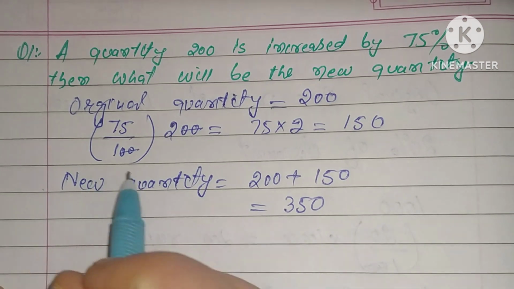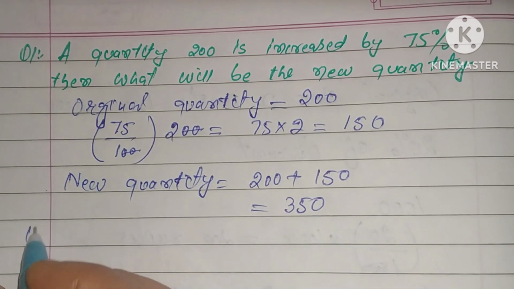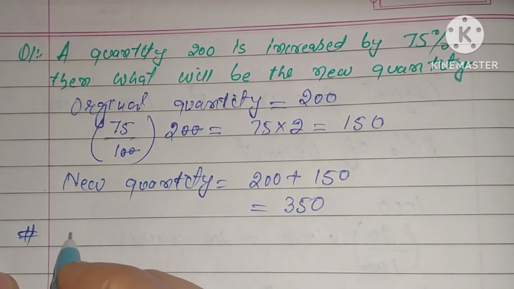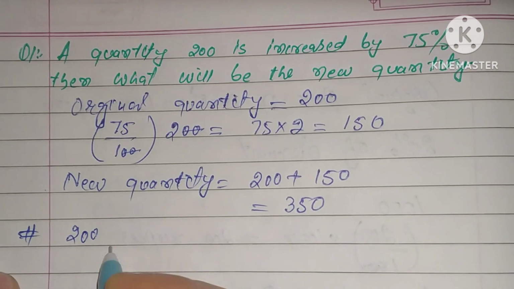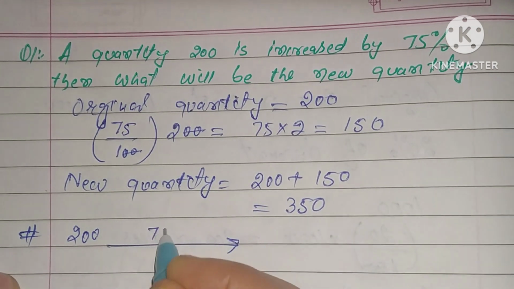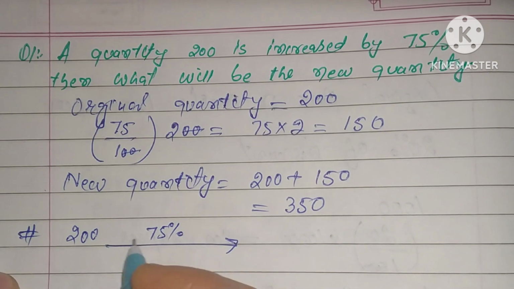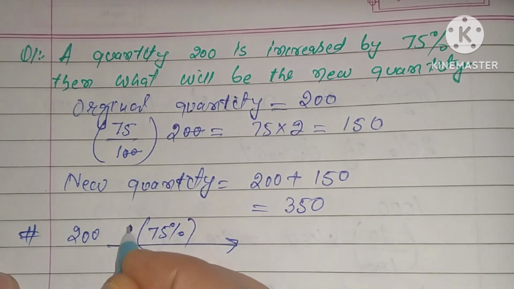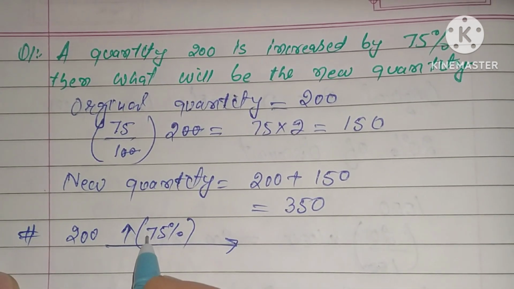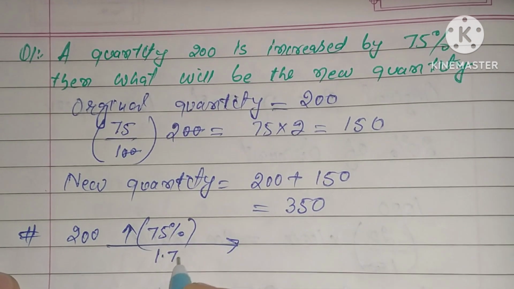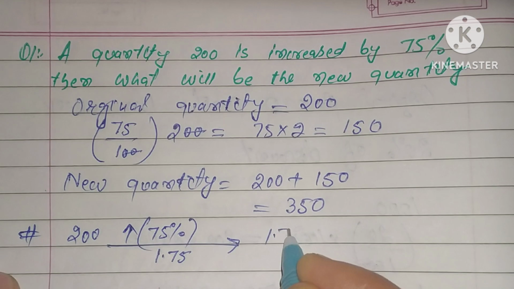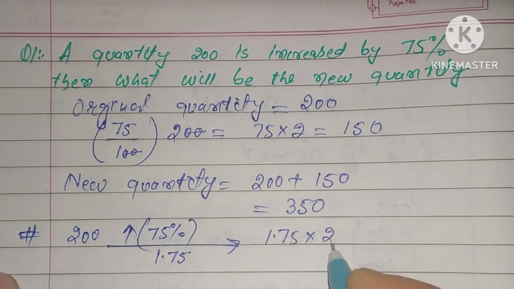Now you can do it in another way. The original quantity is 200, it will be increased by 75%. The new quantity, when it is increased by 75%, the multiplication factor will be 1.75. It will be 1.75 into 200.